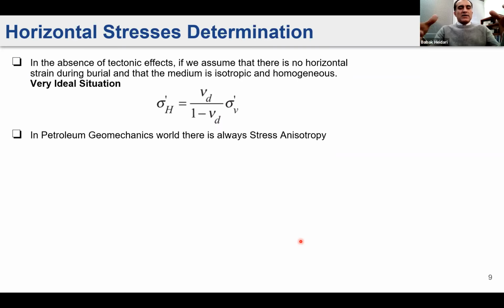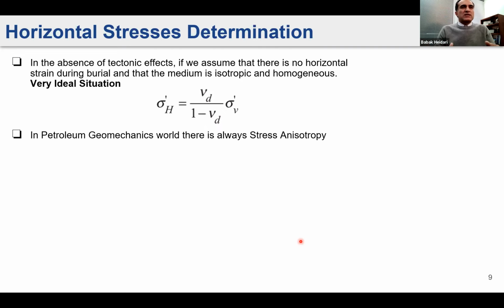Imagine that we have an empty cylinder, and we are putting some sand into the cylinder. Since the sand is not allowed to move, there is going to be a generation of stress. The minimum and maximum horizontal stress are going to be the same.